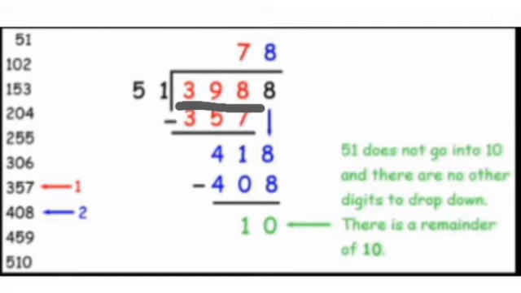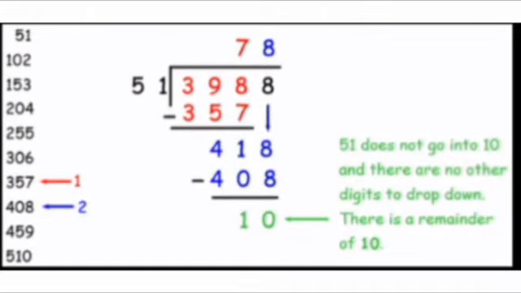So we take the three values like 398. Now look here on the left side, write the table of 51, and students you can see 51 7s are 357. 357 is smaller than 398, so we take the value. Now 398 minus 357, you will get 41.